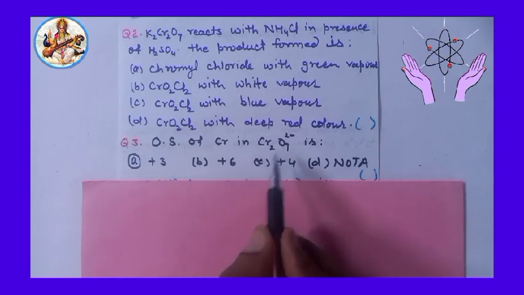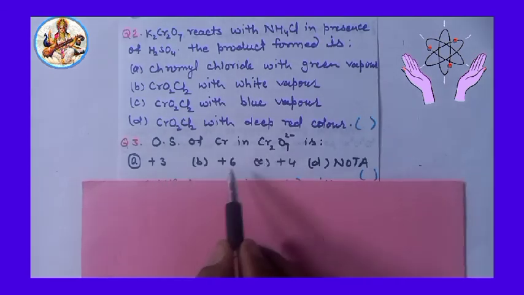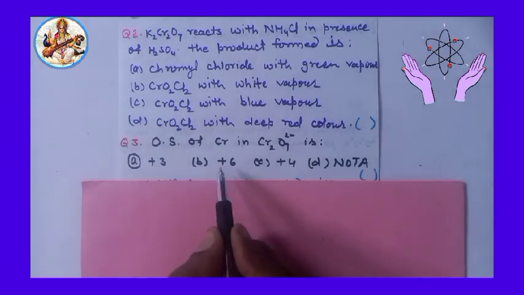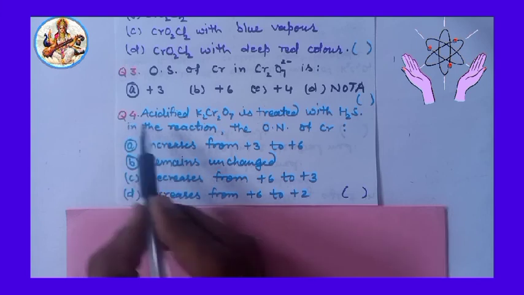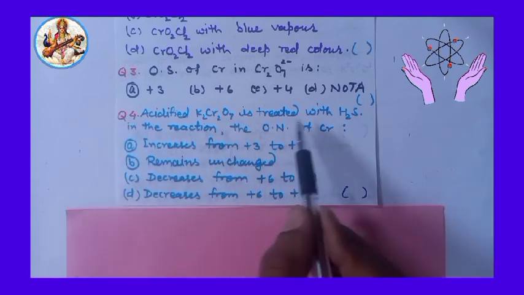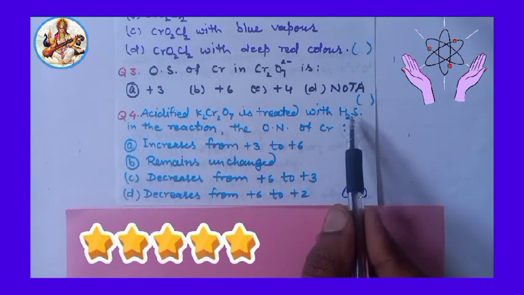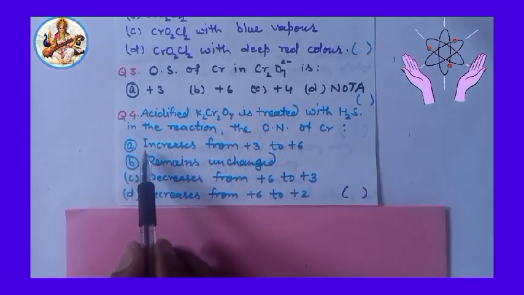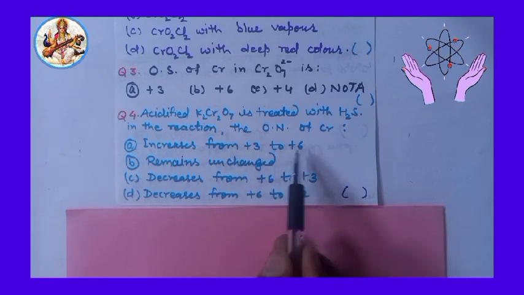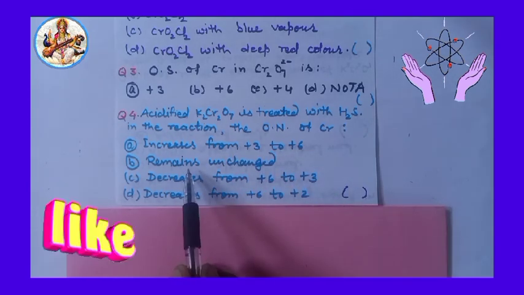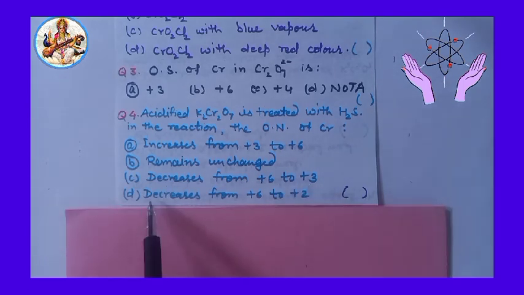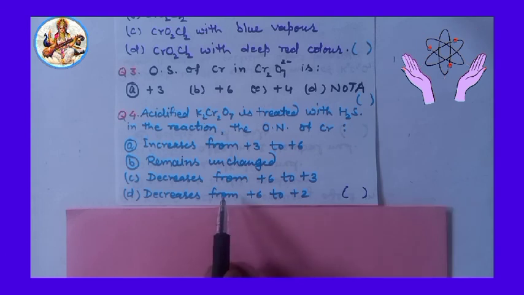Next, third, the oxidation state of chromium in dichromate is +3, +6, +4, none of the above. The answer will be option B, +6. Next, fourth question. Acidified potassium dichromate is treated with H2S. In the reaction, the oxidation number of chromium: option A, increases from +3 to +6, B, remains unchanged, C, decreases from +6 to +3, and D, decreases from +6 to +2.